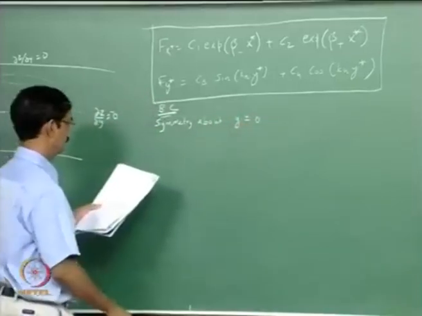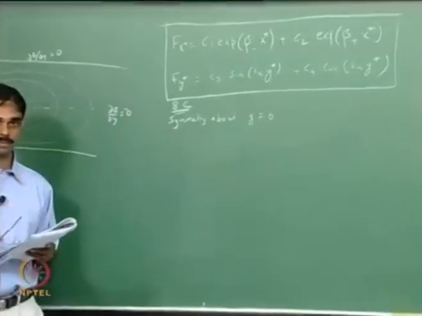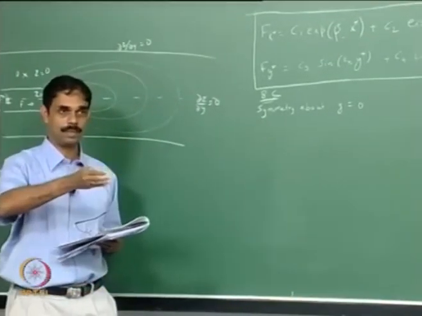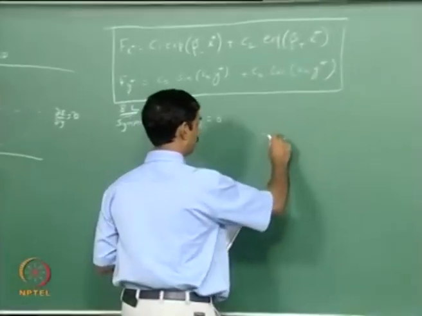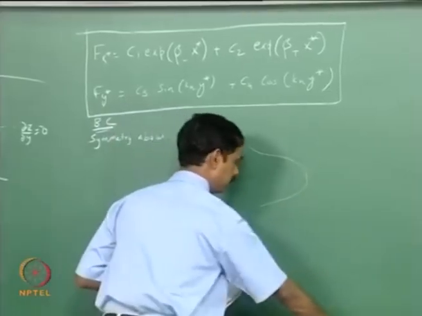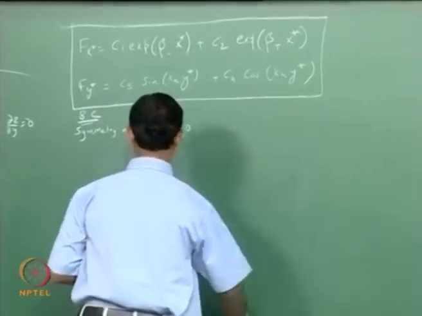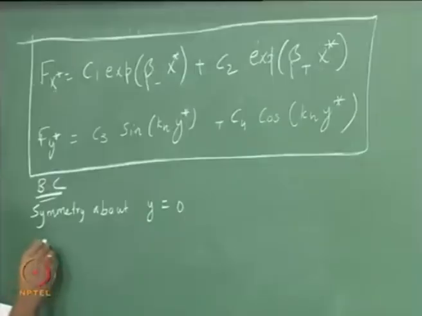So, that will say that dfy over dy should be 0, because the slope should be 0, only then you will have a symmetric part, right. If you have a profile which comes like this, which is symmetric, then the slope should be 0 here. So, what would this give?